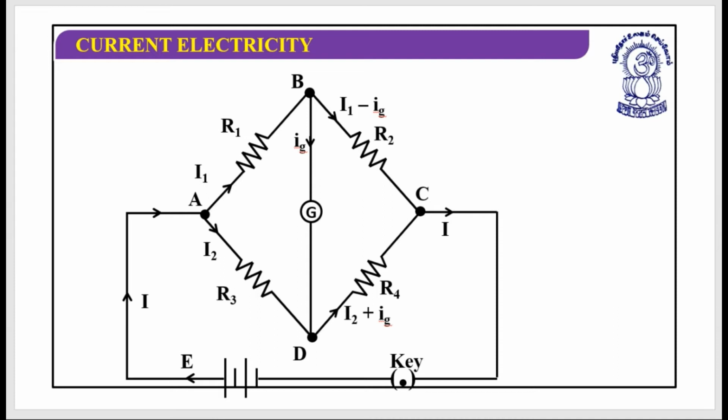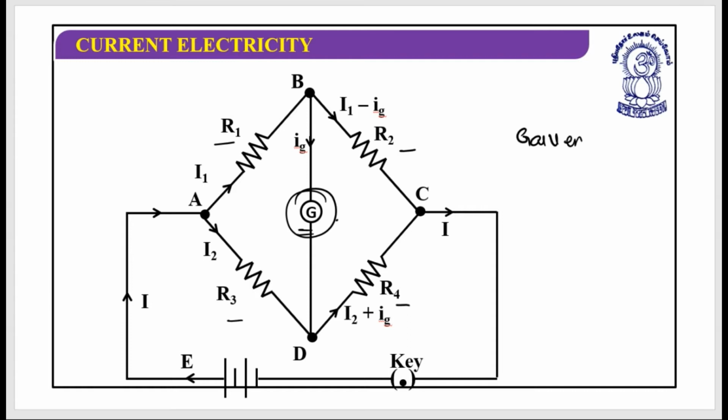So let's look here. Suppose a circuit has been given and we have four resistances, R1, R2, R3, R4, and one more branch where a galvanometer is connected. I hope you understand what a galvanometer is meant for. Why do we keep a galvanometer over here? What is the use of it?